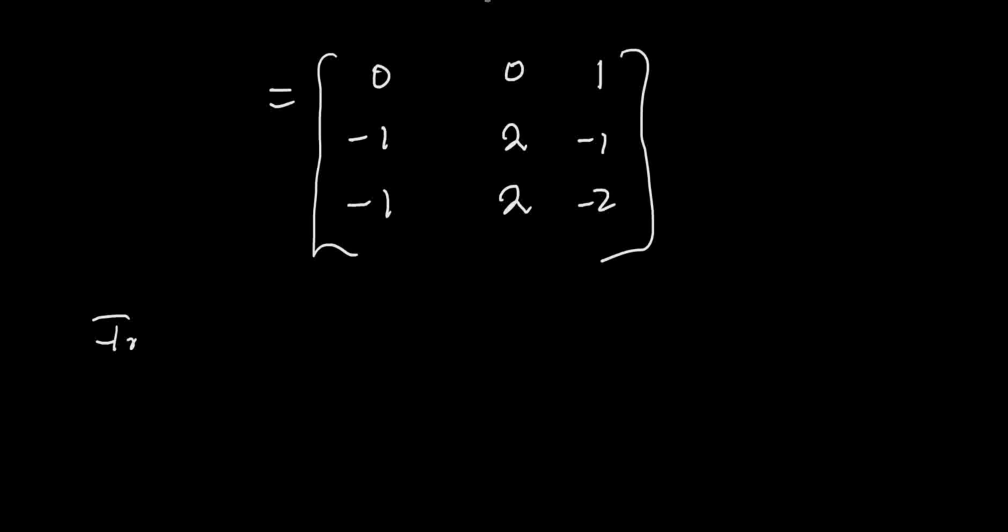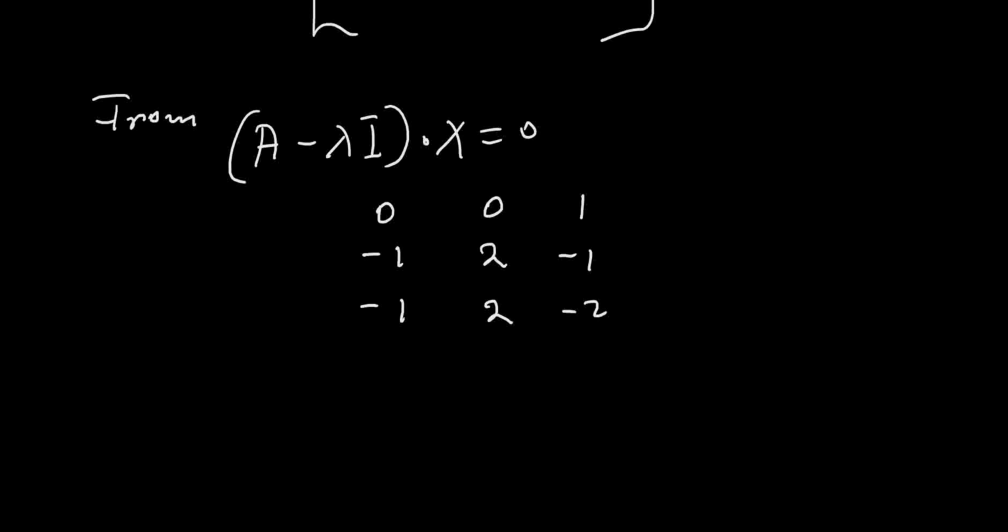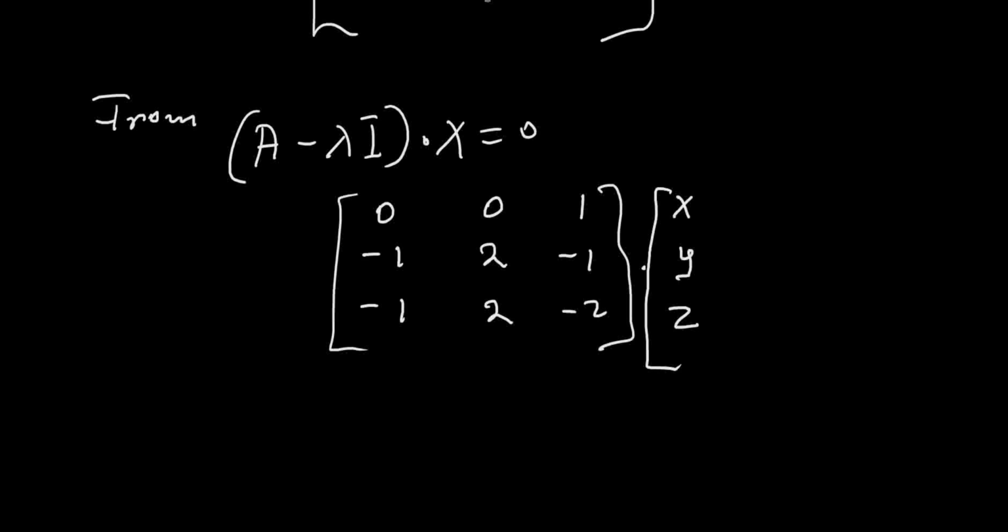So from A minus lambda times x equals 0, this would be 0, 0, 1, negative 1, 2, negative 1, negative 1, 2, negative 2, multiplied by x, y, z equals 0, 0, and 0.